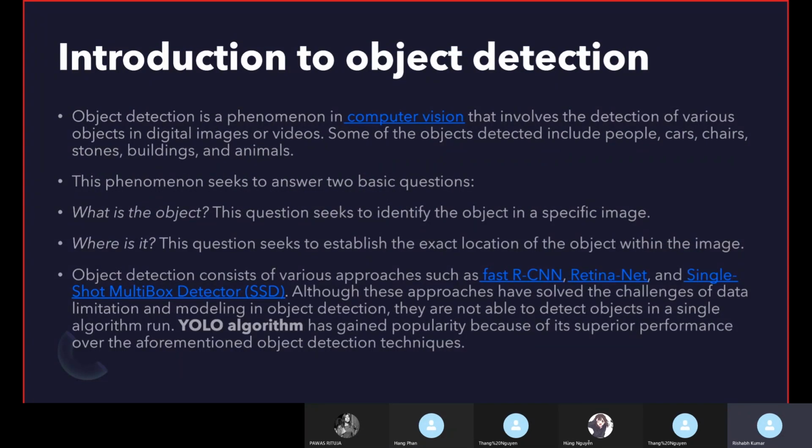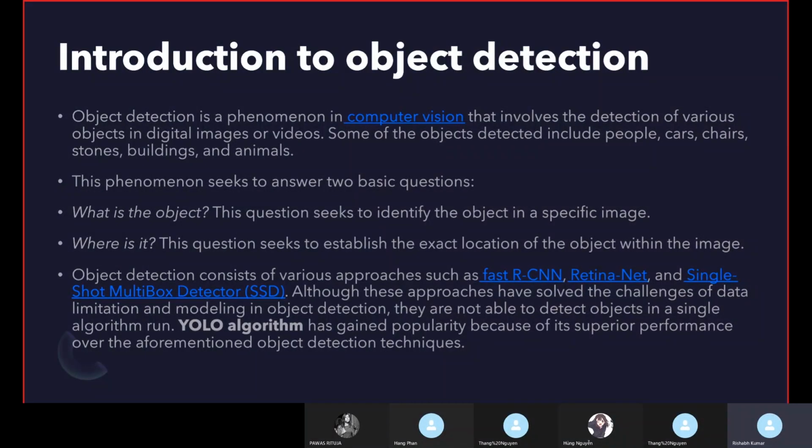So first we will understand what is object detection. Object detection, as we know, is a phenomenon in computer vision that involves the detection of various objects in digital images or videos. It tries to answer two basic questions.